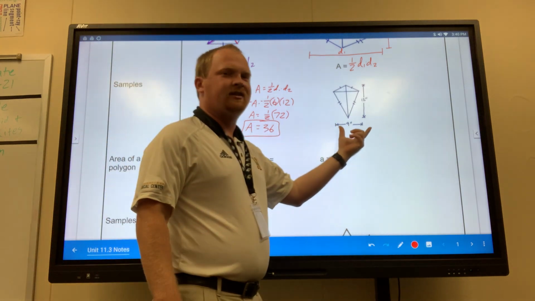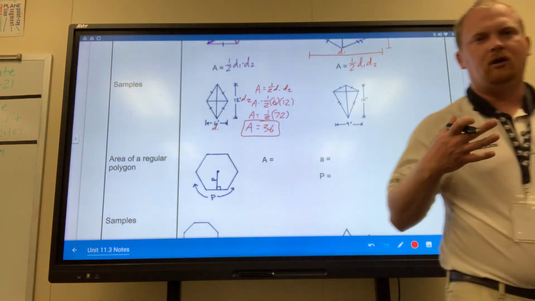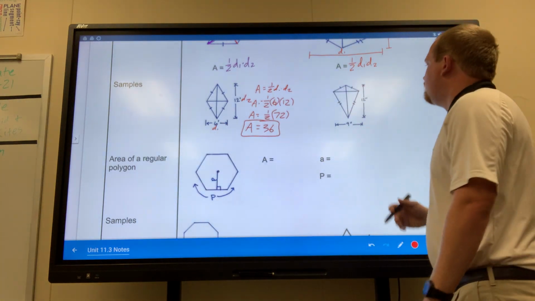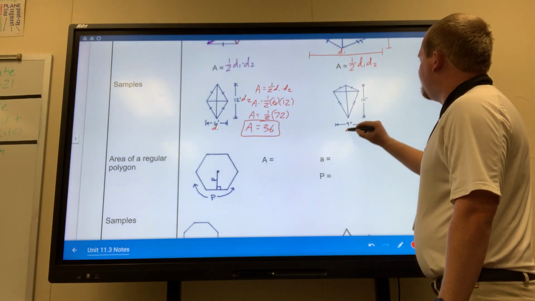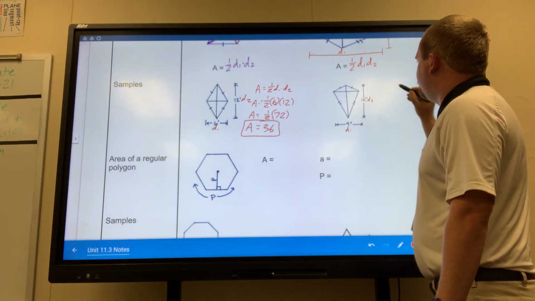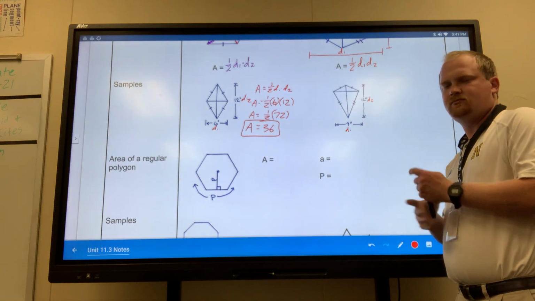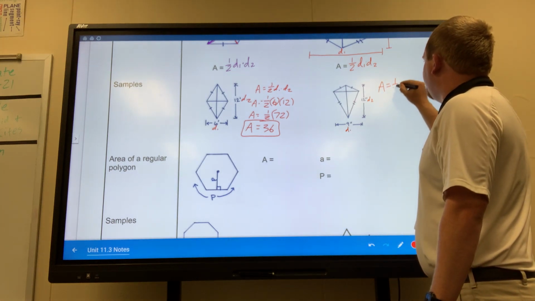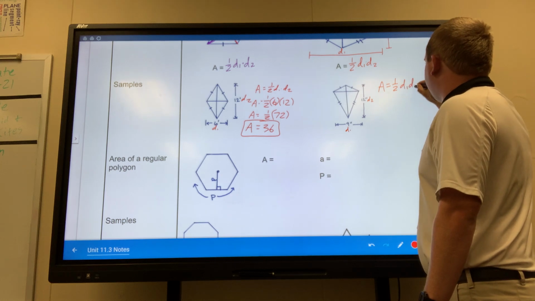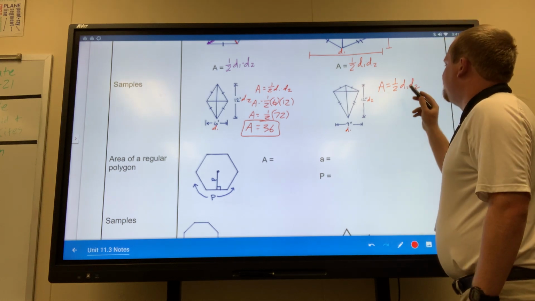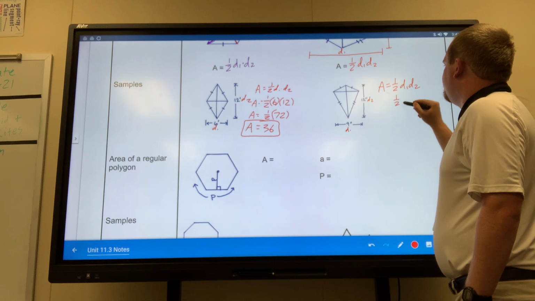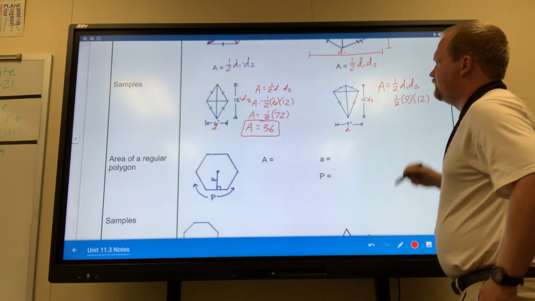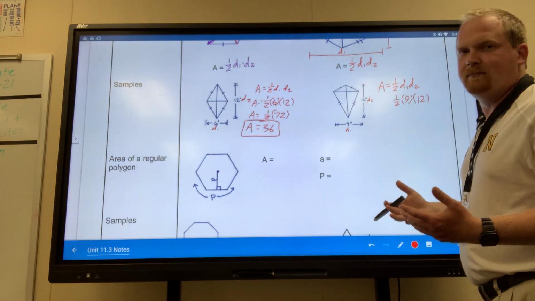Now, what about this kite though? Well, it's the same process, just a different shape. So again, let's say this is diagonal 1, diagonal 2. Okay? Now, if I'm finding the area, remember, it's 1/2 times diagonal 1 times diagonal 2. So diagonal 1 is 18, 1/2 of it is 9. And diagonal 2 is 12. Same idea.